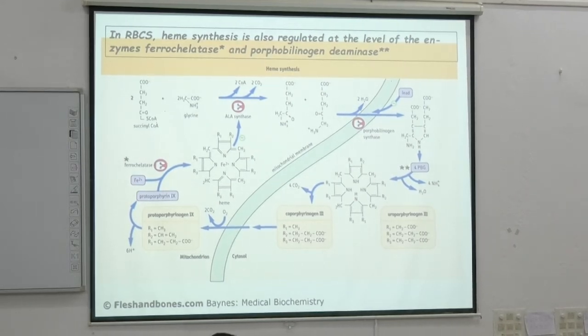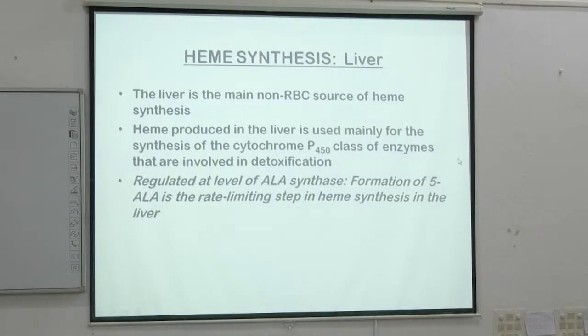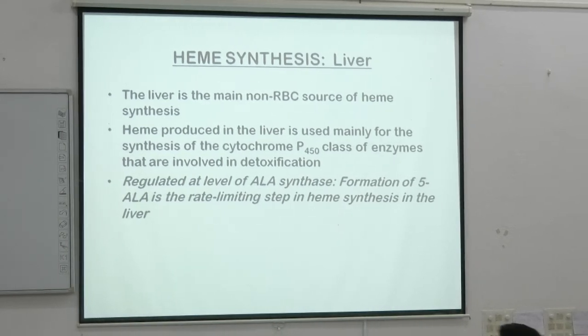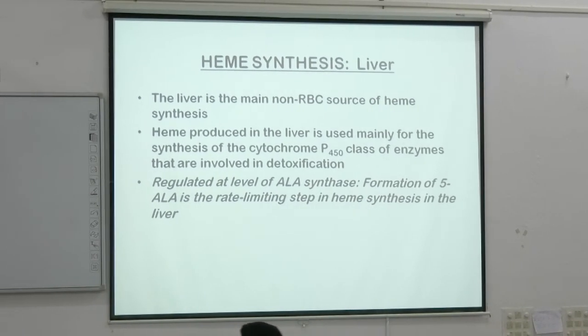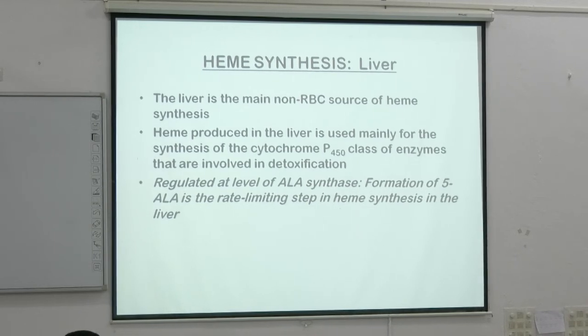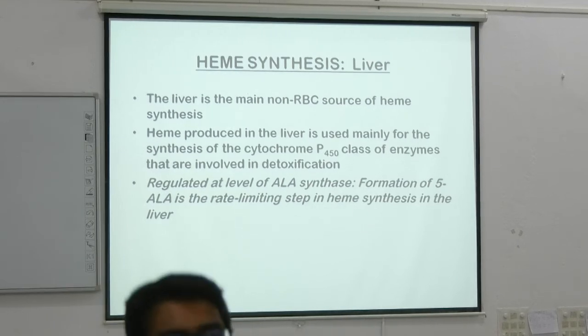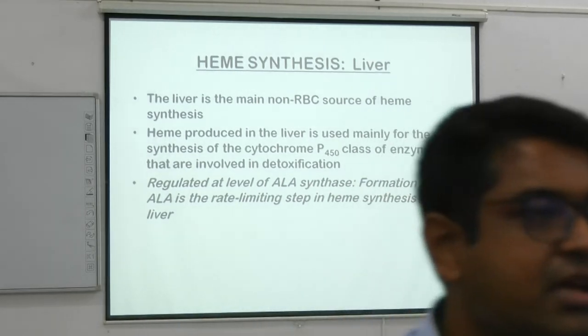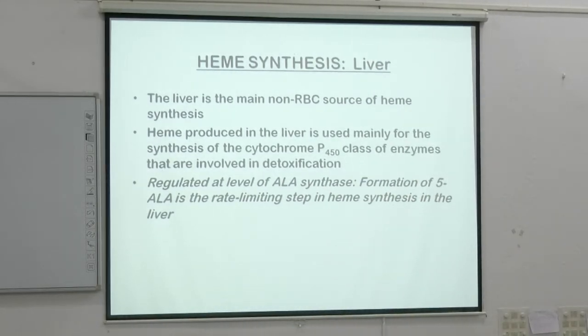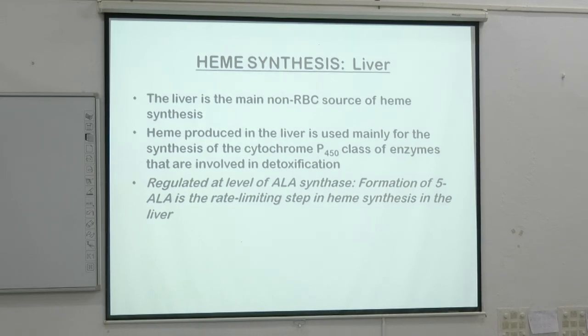Next slide please. Except from mature RBCs, the liver is the main non-RBC source of heme. Unfortunately, the heme ring produced by your liver does not usually form hemoglobins.